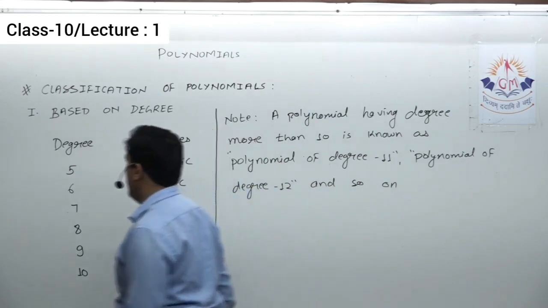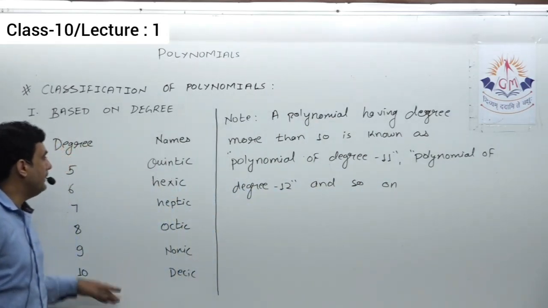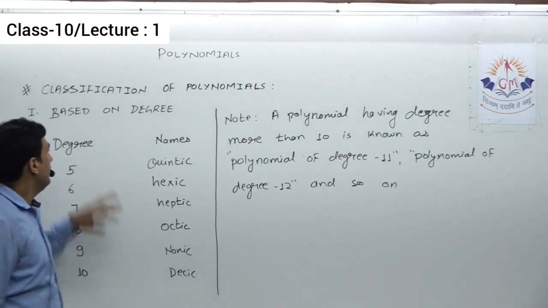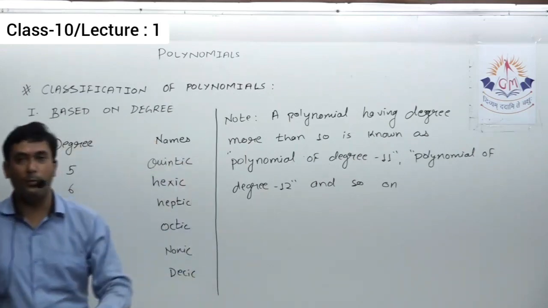So this is all about classification based on degree. So note down this, and then we will see the classification of the polynomial based on number of terms.